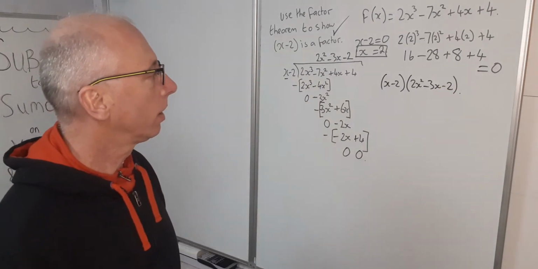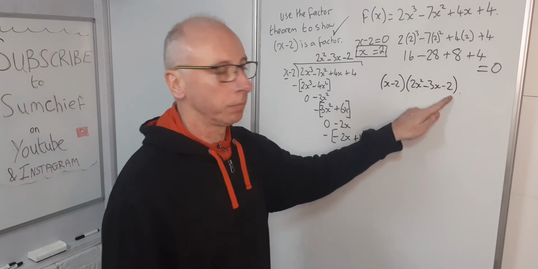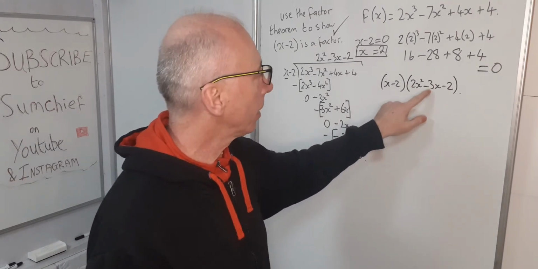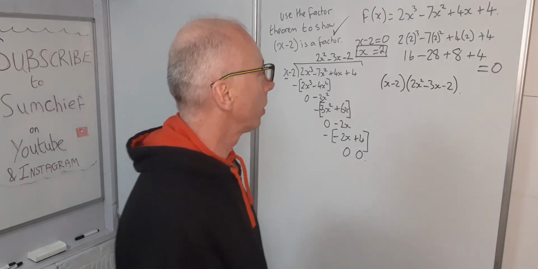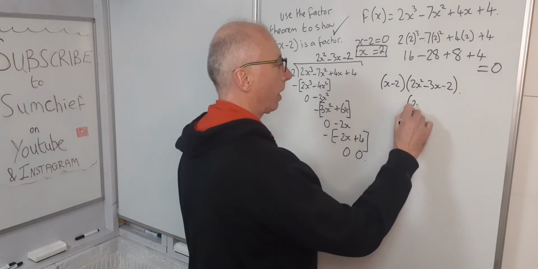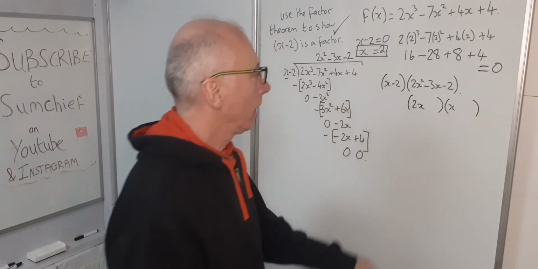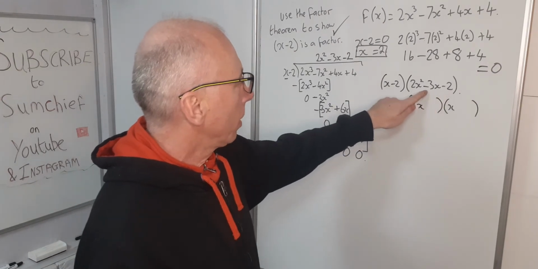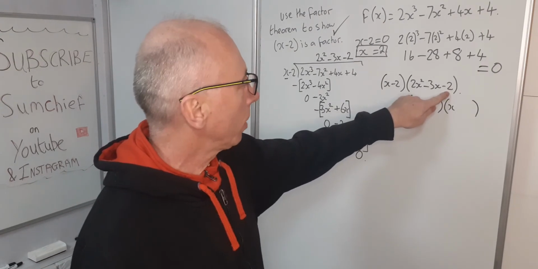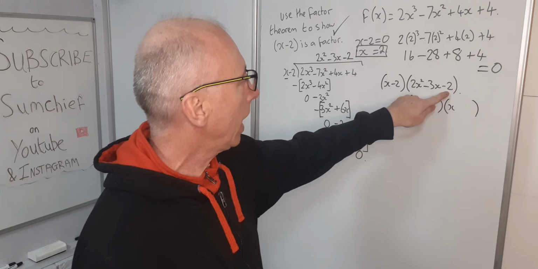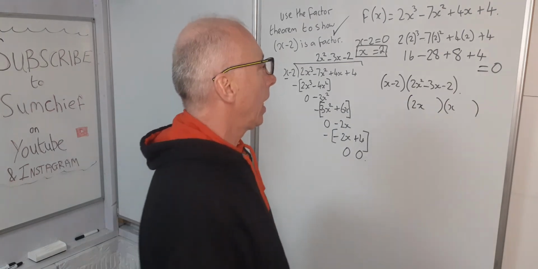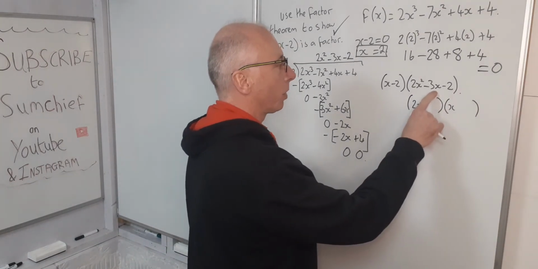Okay, still not fully factored out. We're nearly there, but we just need to factor this one out and then we're good. So we're going to have a 2x and we're going to have an x. And then we want factors multiplying to minus 2. So we need a plus and a minus. And when they're added, they need to come to minus 3.